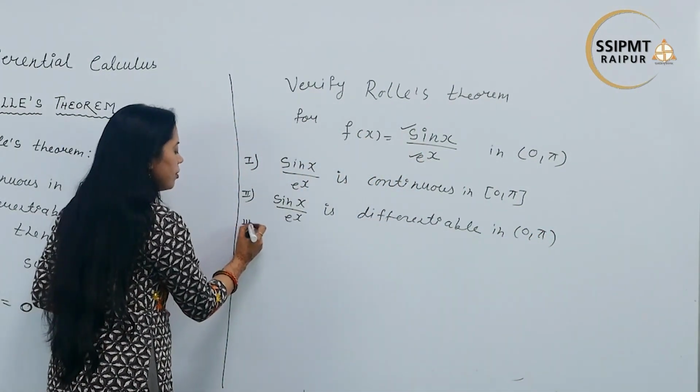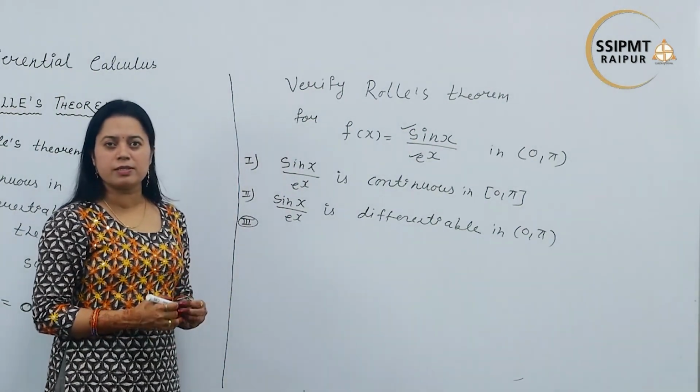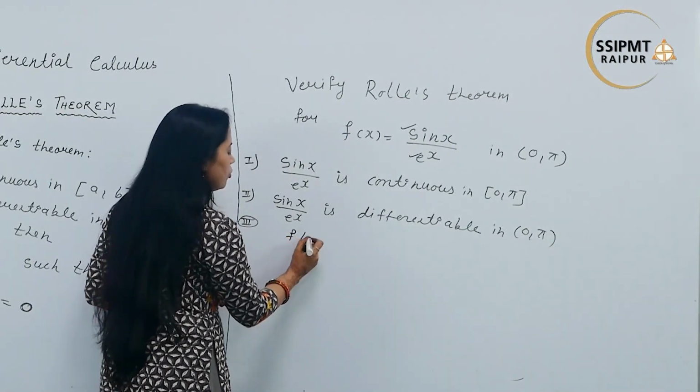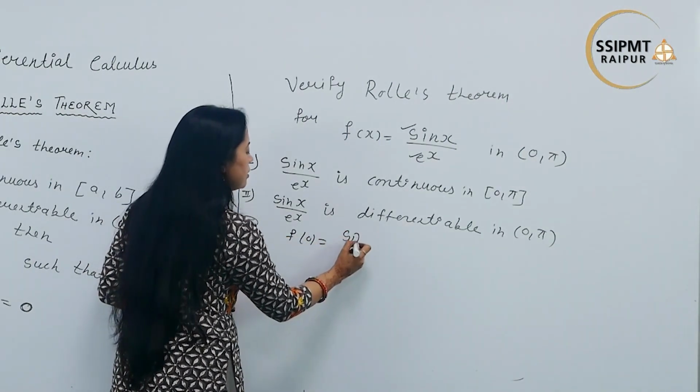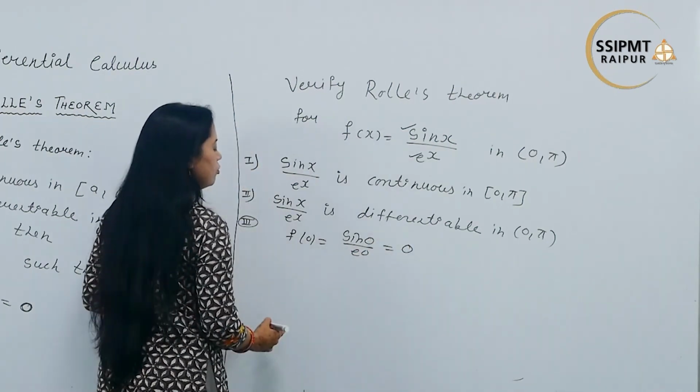Next, we find f(a) and f(b) and show that f(a) is equal to f(b). So, f(0) is sin 0 upon e to the power 0, which is equal to 0.